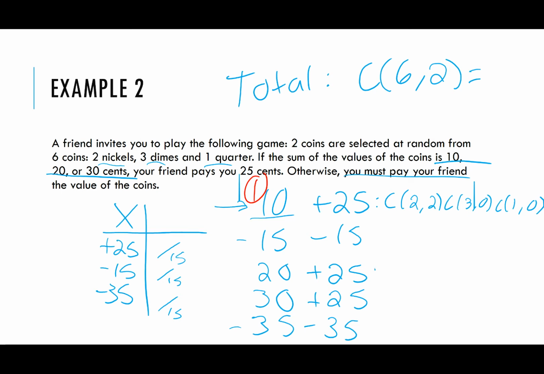All right, so let's talk about the other 25 cents that I win. If I pick 2 dimes, I'm going to win 25 cents. So I'm doing this one here. So if I pick 2 dimes, then of the 2 nickels, I'm picking no nickels. Of the 3 dimes, I'm picking 2 of them. And of the 1 quarter, I'm picking none of them. So this combination here that I've just written down says I'm choosing 0 nickels, 2 dimes, and 0 quarters.